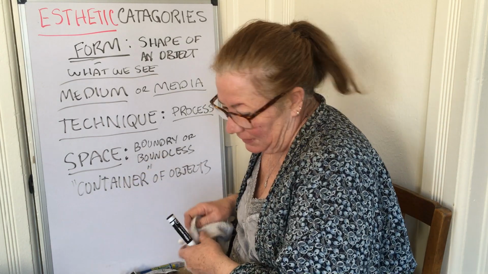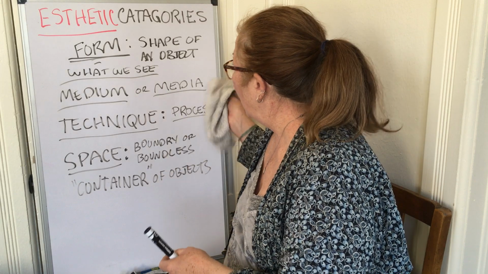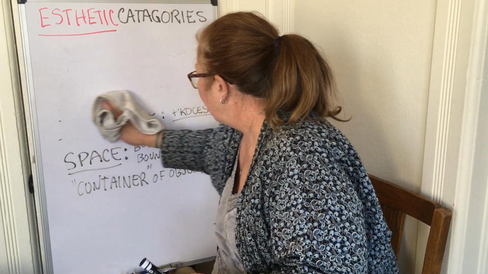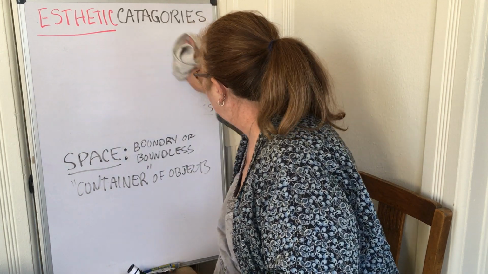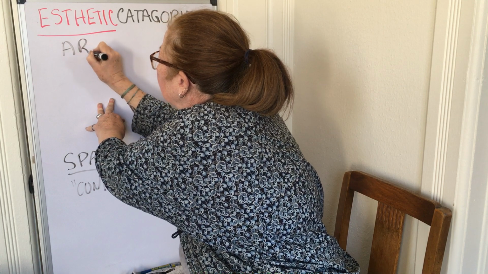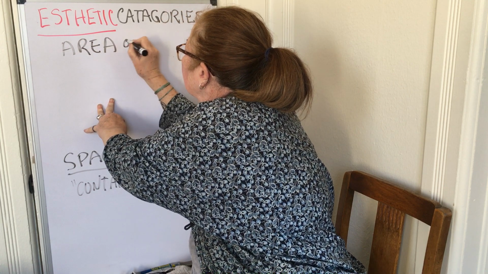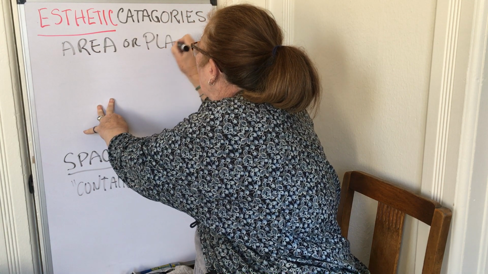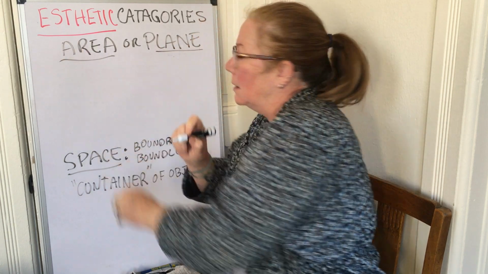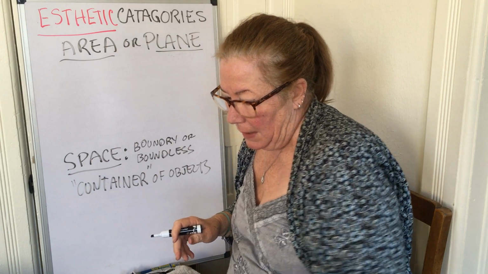Got it? All right, so next we have area or plane. And area or plane kind of relates to this space thing. So I'm going to leave the space up here for a sec. We've probably heard that term picture plane at some point if you've been doing any art.